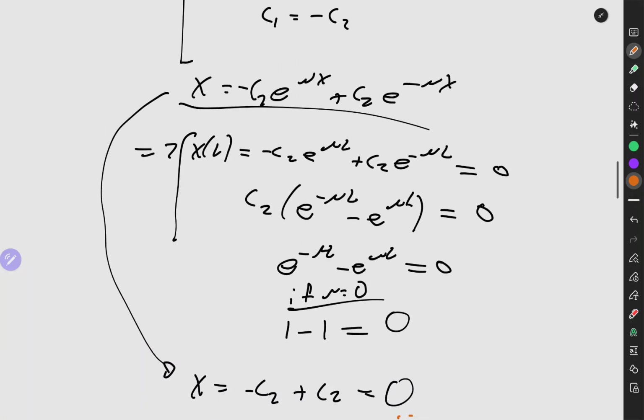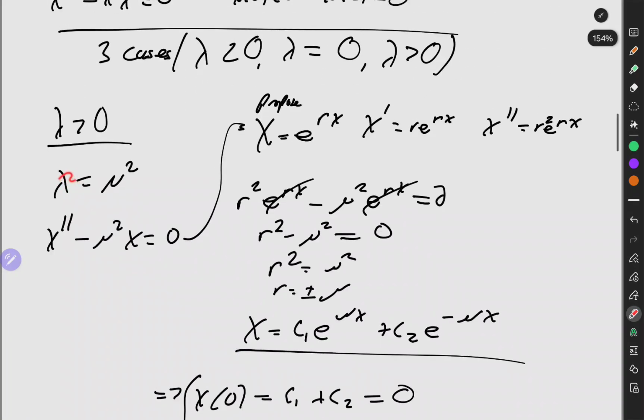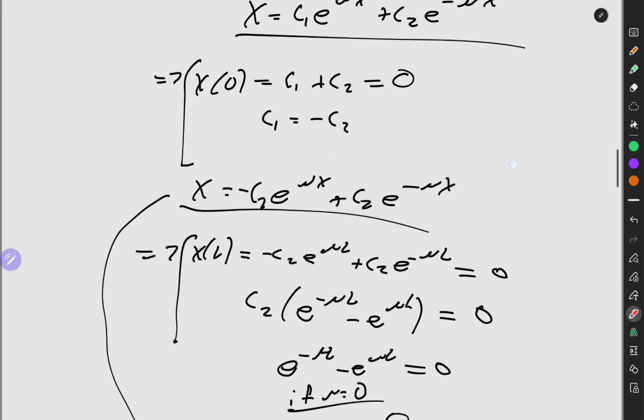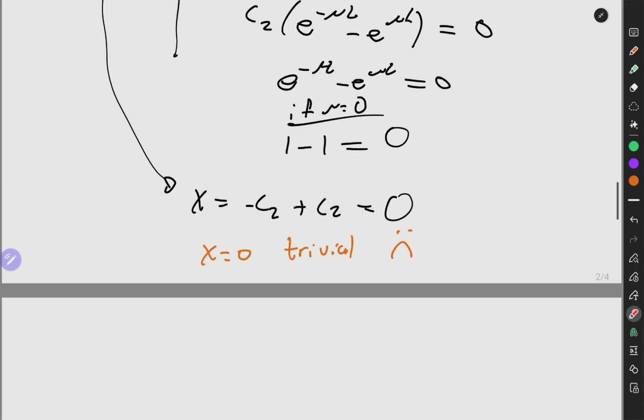So even if mu is 0 here, this would be our eigenvalue. It could be 0. Eigenvalues can be 0, but not eigenfunctions. This would be known as the eigenfunction if it were non-trivial. But unfortunately, not for this one. So let's move on to the next one.